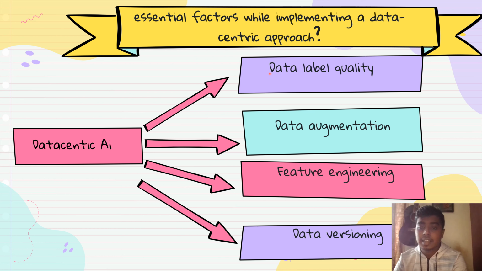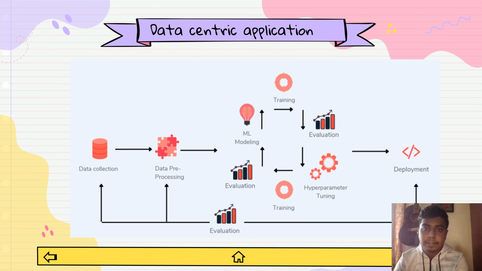The second factor is data augmentation, feature engineering will be the third consideration, and the fourth consideration will be data versioning. If you go to the next slide, we'll look into a particular ML engineering example, so it is very easy for you guys to understand. So we'll go to the next slide.